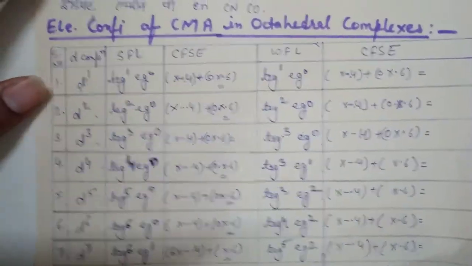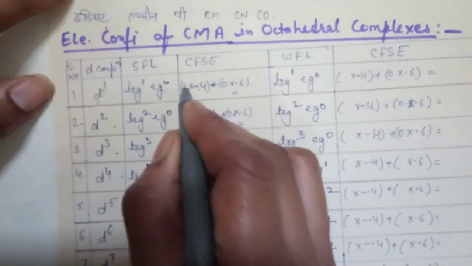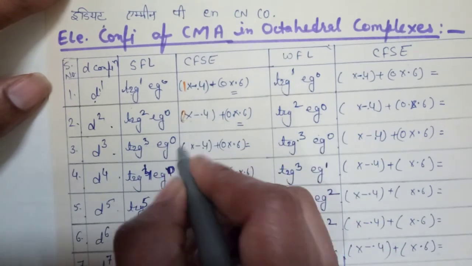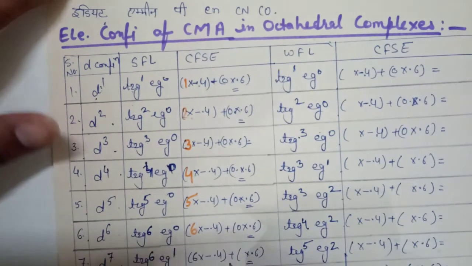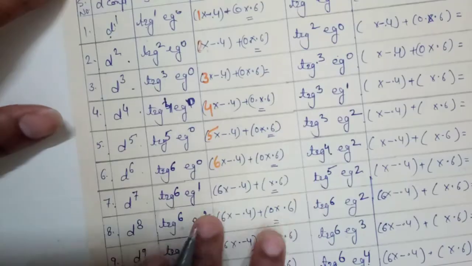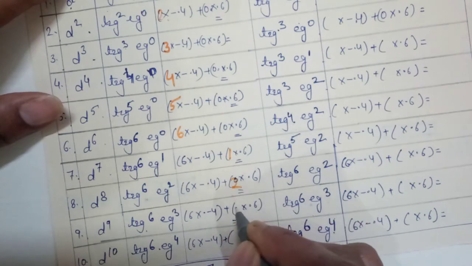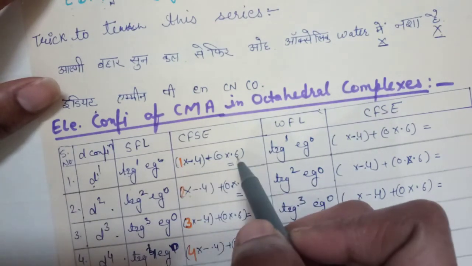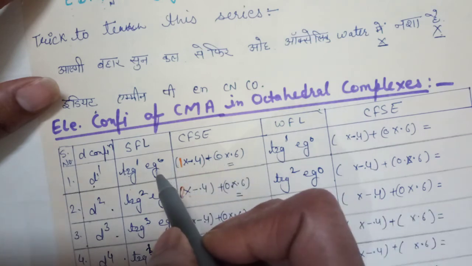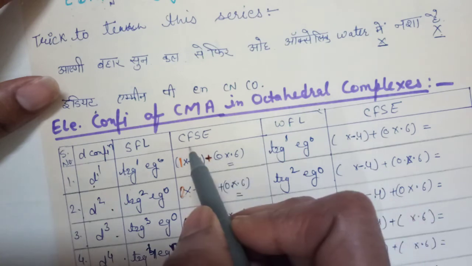Okay. Now we can also calculate CFSE, which means crystal field stabilization energy. Here the t2g electrons are 1, 2, 3, 4, 5 and 6, and the eg electrons are 0, 0, 0, then 1, 2, 3 and 4. The number of electrons in t2g orbitals is multiplied by minus 0.4 and the number of electrons in eg orbitals is multiplied by 0.6, in delta O, and then these values are added to get the CFSE.